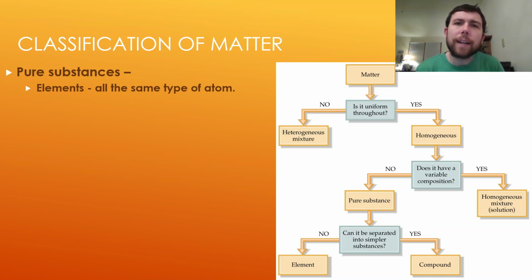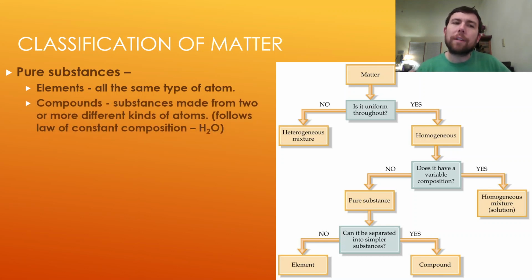When you look at them from a particle perspective, only one type of atom is present at the atomic scale. You also have compounds, another category within pure substances. Compounds are substances made from two or more different kinds of atoms, and they follow the law of constant composition.